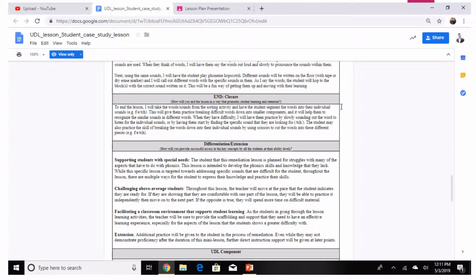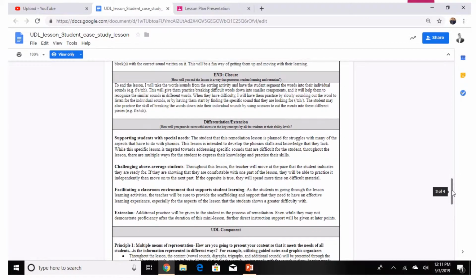And then he'll respond by moving to the specific block of the hopscotch that has the sound. So this is meant for him to hear a word rather than just a sound, and then respond by moving towards the sound. So just reinforcing that recognition of recognizing the sound within a word.